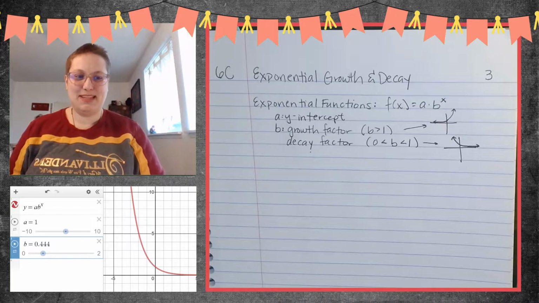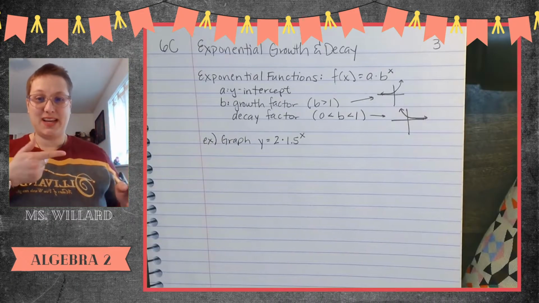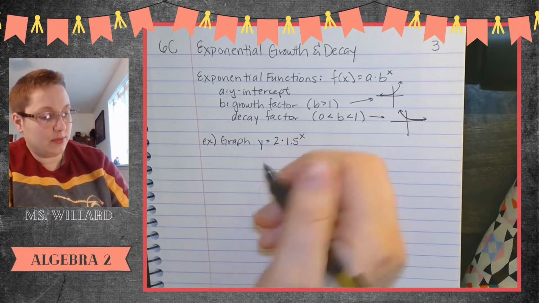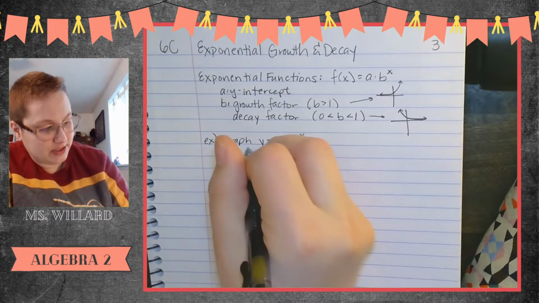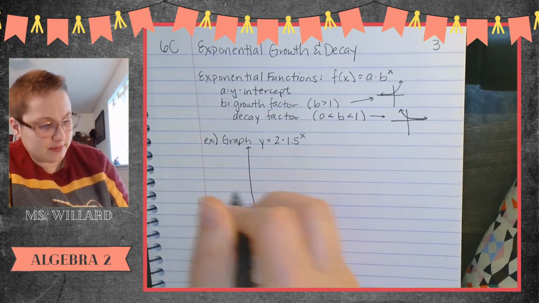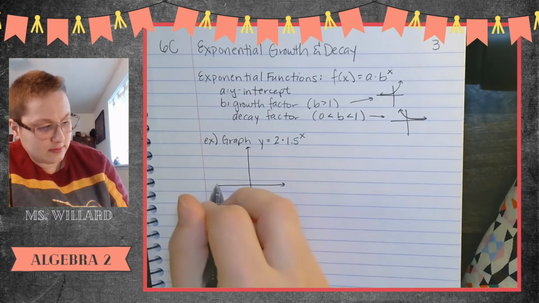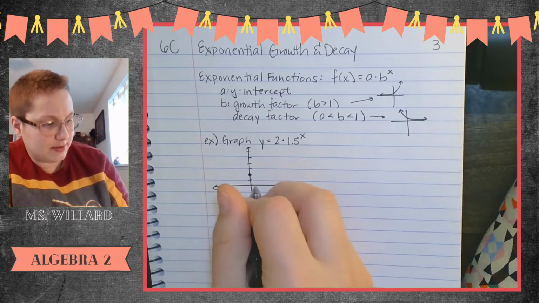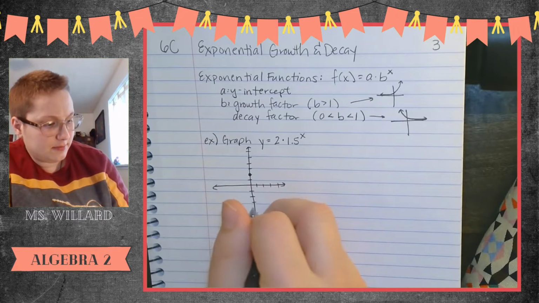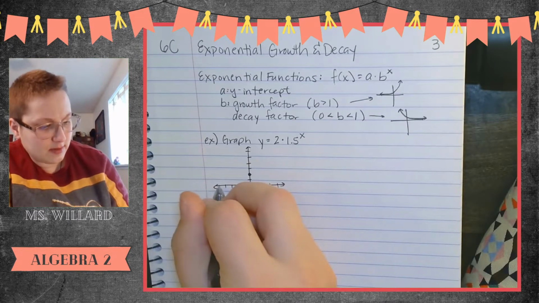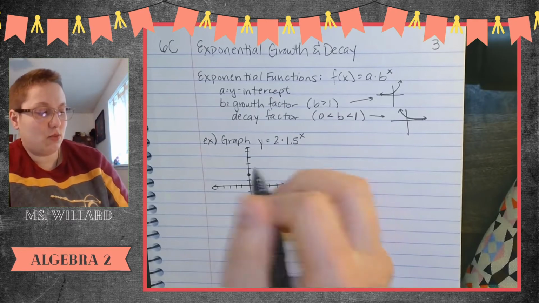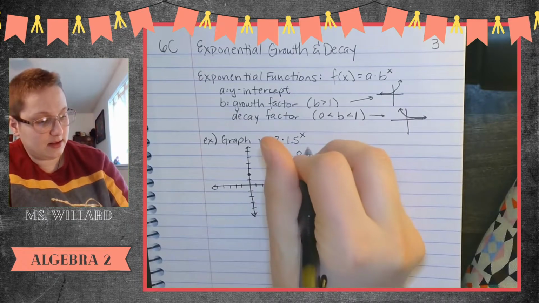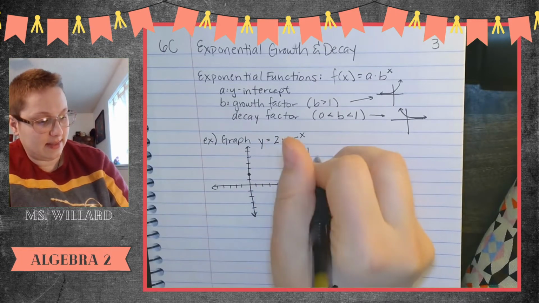Okay, let's practice this. We're going to graph y equals 2 times 1.5 to the x so I can show you how this works. I already know my y-intercept is 2, so there's my y-intercept. And then every y value, I'm going to multiply by 1.5. We start with 0 for x, and that's at 2.